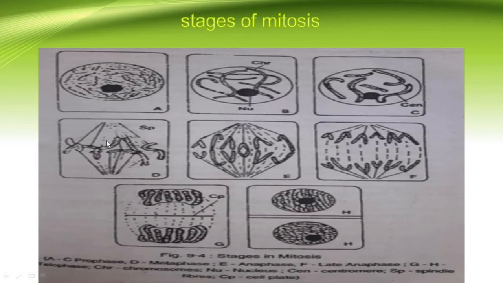This is the spindle fibers, SP, and all the chromosomes are arranged here at the center in the metaphase, and we call this the metaphase plate.